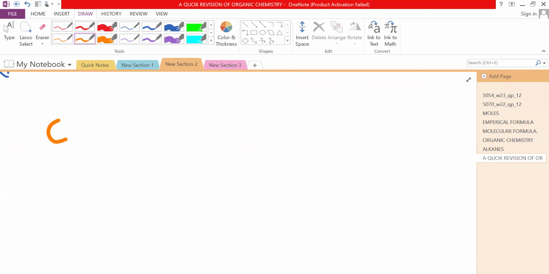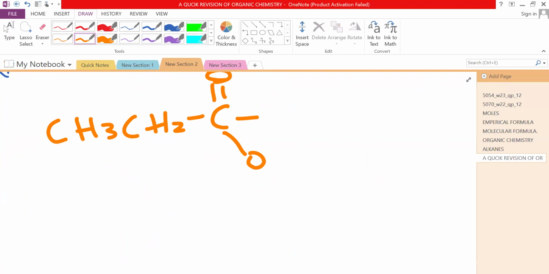So I'm writing an ester. It has a double bond of oxygen and also a single bond of oxygen, and then CH2CH3.